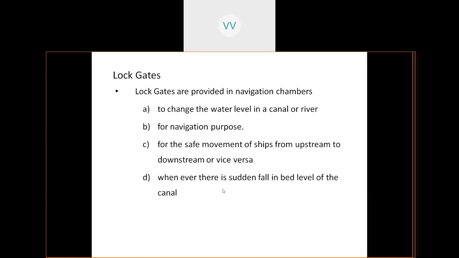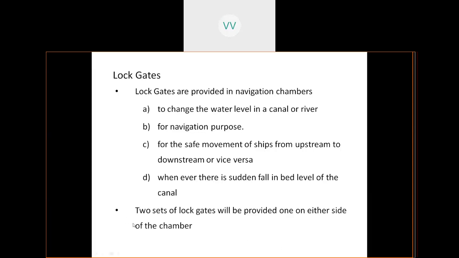Whenever there is a sudden fall in the bed level of the canal, under these circumstances we are going to provide a lock gate. Now let us explore the details of the lock gate.